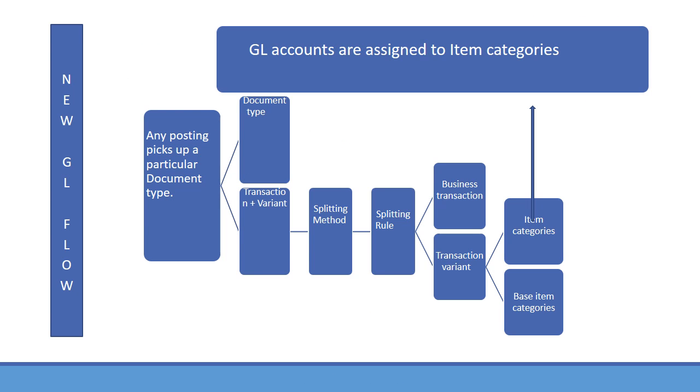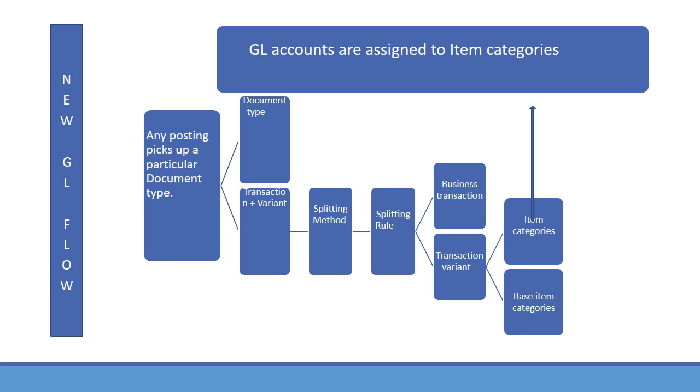Let's see how to configure the document splitting. First of all, the general ledger accounts are assigned to item categories. In other words, the general ledger items are classified into various categories such as expense accounts, cash accounts, vendor accounts, customer accounts, taxation accounts, etc. Now, these postings happen through a document type.